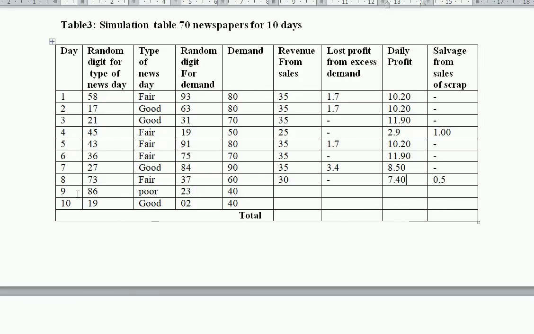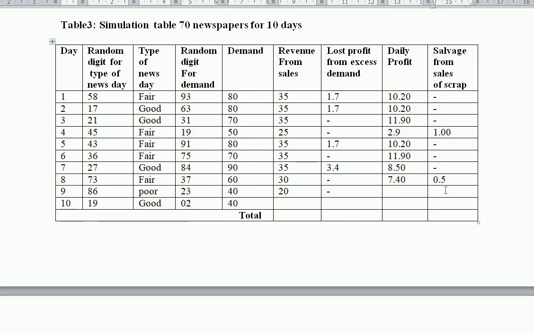The next one is for day 9. Day 9 we have a 40 demand. So 40 newspapers, we are going to sell for 50 paisa, that is we are going to get 20 rupees. There is no excess demand here, and there is scrap, that is 30 scrap papers. We purchased 70 newspapers and the demand is 40, so there is a loss of 30 newspapers.